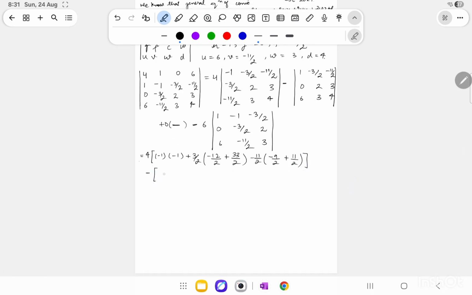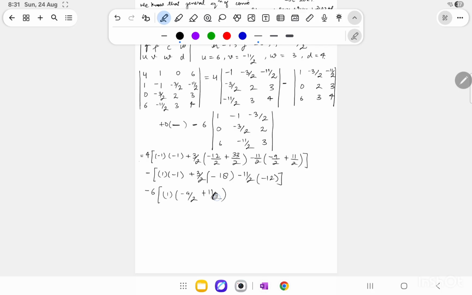Then minus 11 by 2 into minus 9 by 2 plus 11 by 2, minus of 1 into minus 1, again plus 3 by 2 into minus 6, 3 sixes are 18, and minus 11 by 2 into 0 minus 6, 2 sixes are 12, minus 6 into 1 into minus 9 by 2 plus 11 by 2.